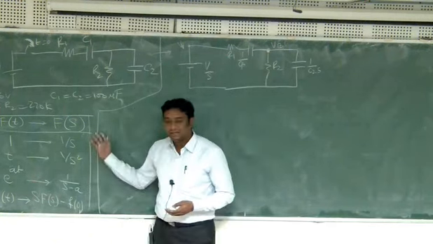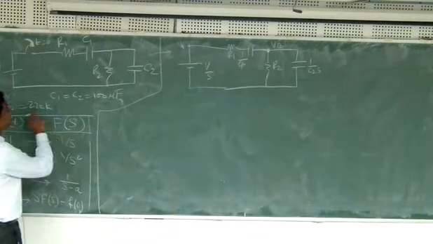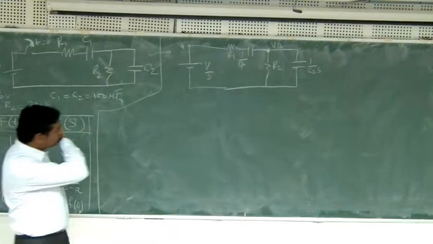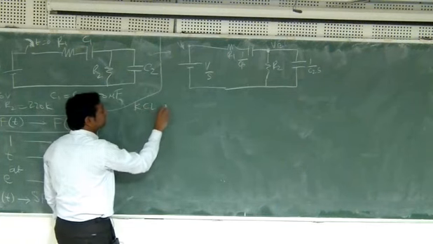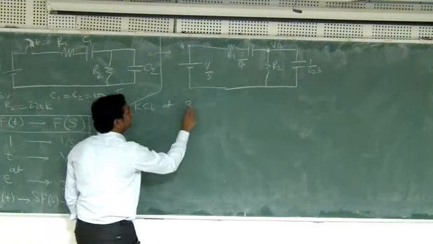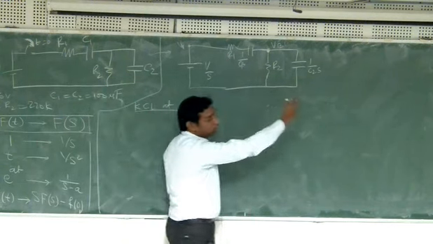So let's do this for this particular circuit. I'll just work with these variables, and finally these values I'll substitute as I did last time. So KCL at node B. There are 3 outgoing branches.